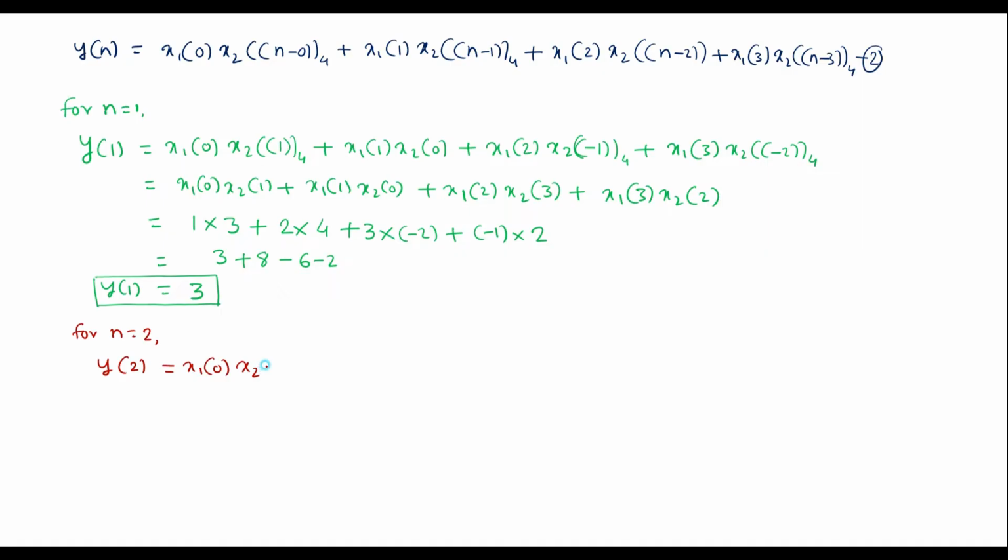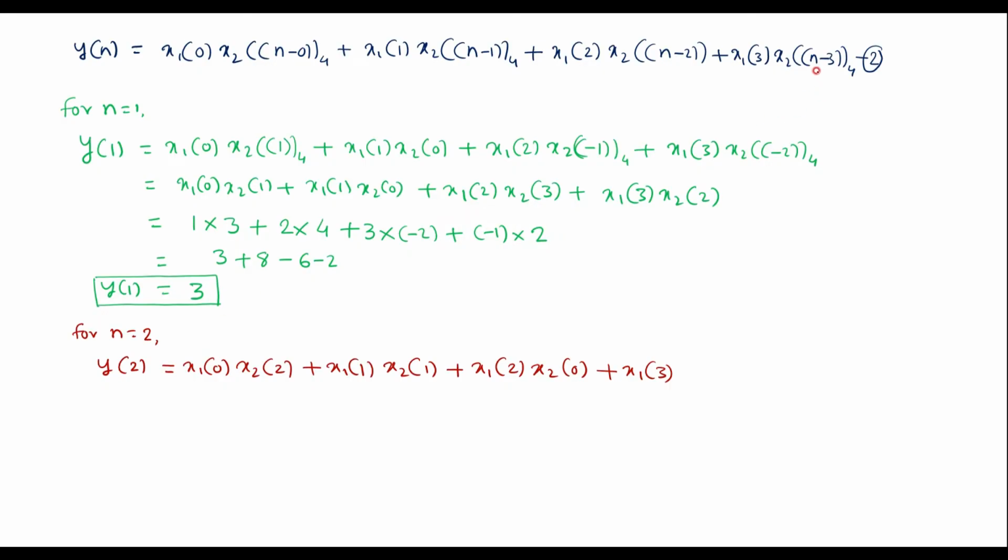Here we have x2 of 2 minus 0 is 2, x2 of 2 plus, second one is x1 of 1 into x2 of n is 2, 2 minus 1 is 1. That is x2 of 1 plus x1 of 2, x2 of 2 minus 2 is 0. That is x2 of 0 plus x1 of 3.